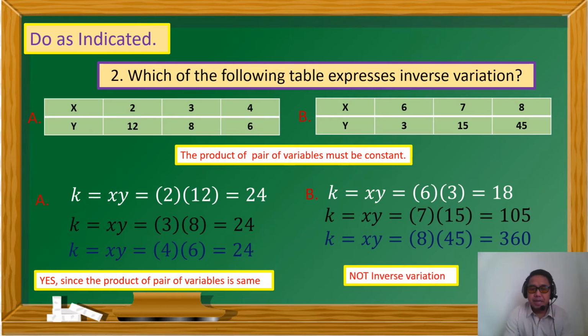Therefore, it is not inverse variation, because the products are not the same. Now we know how to identify whether a given table is inverse or not by just multiplying the pairs of variables.